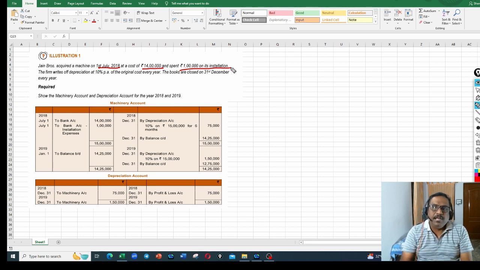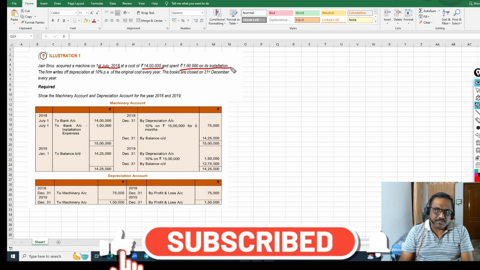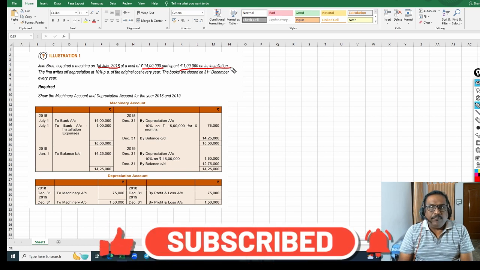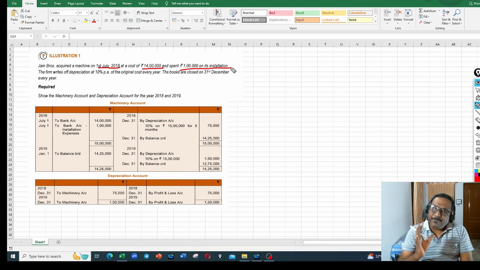They have to be added to the machinery account or asset account. As we discussed while understanding cost of acquisition, the cost of purchase plus installation charges have to be included in the value of the asset.